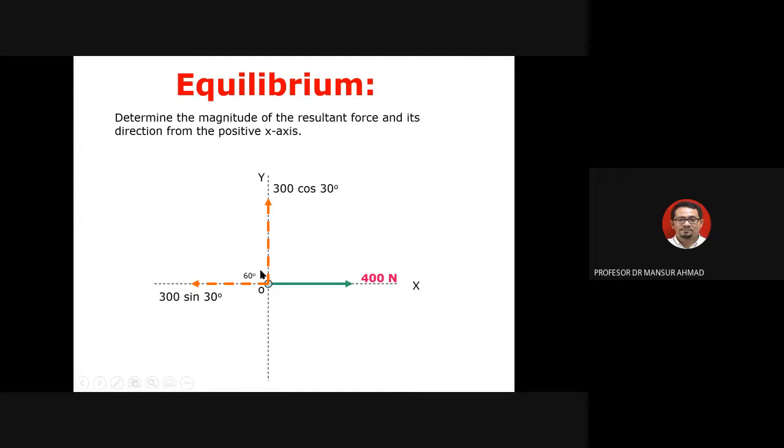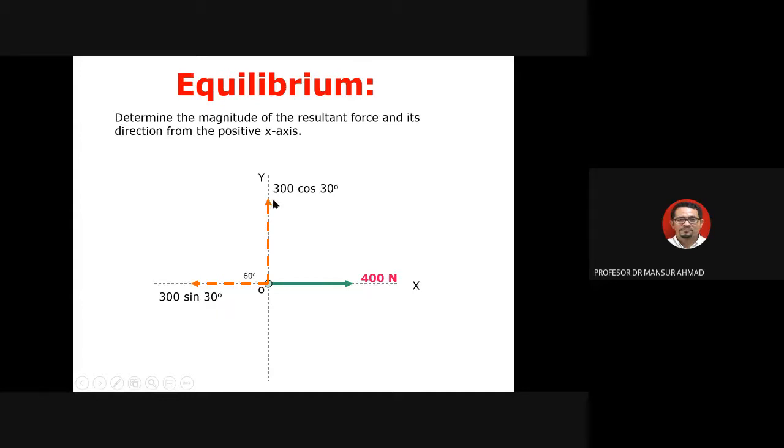Just now I mentioned to you I'm going to use 60 degree, isn't it? But here it looks like I'm not using 60 degree. When you resolve to the y-axis, this is either 300 cosine 30 or it can be 300 sine 60. And over here, this can be 300 sine 30 or 300 cosine 60.